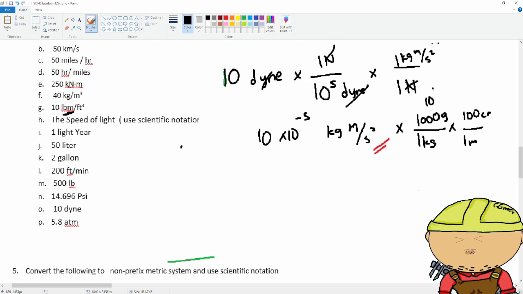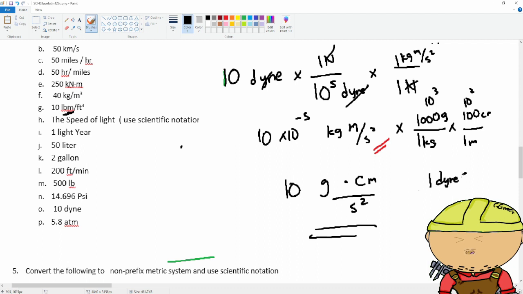This is 10 cubed, this is 10 squared. That will become 10 to the fifth. So 10 gram centimeter per second squared. Okay? So meaning 1 dyne is equal to 1 gram centimeter per second squared. Okay? Dyne is the CGS form of Newton.